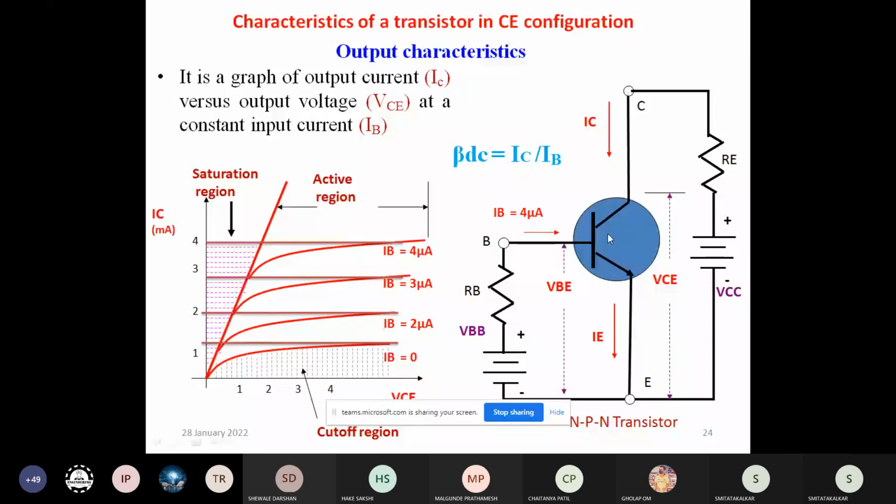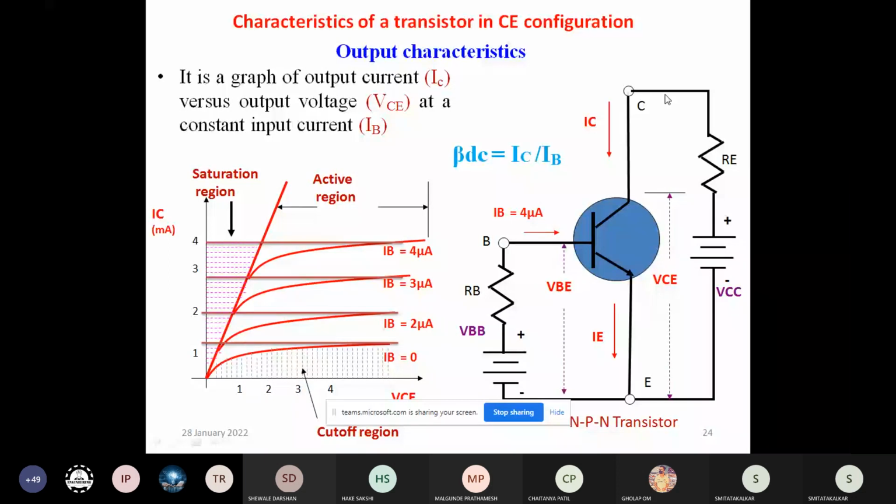Then current flows through IB. As the input VBE increases in forward biasing, the output voltage VCE also increases, because another supply is connected to the output side.